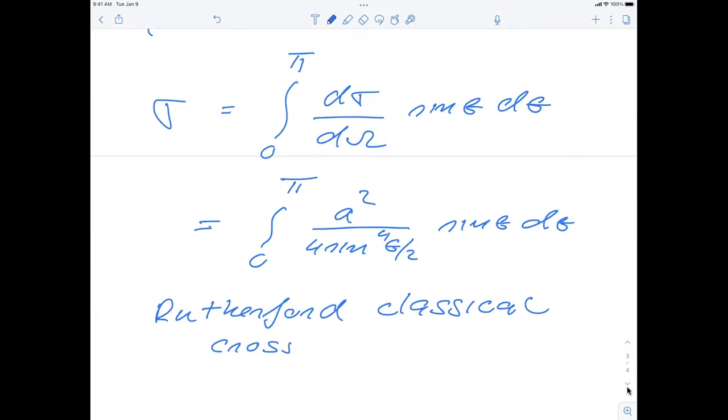So we are not putting any quantum mechanics here. And this served as one of the many classical results which would break with experiments with quantum mechanical objects. When people did experiments with different types of particles, they would see deviations from this classical formula.